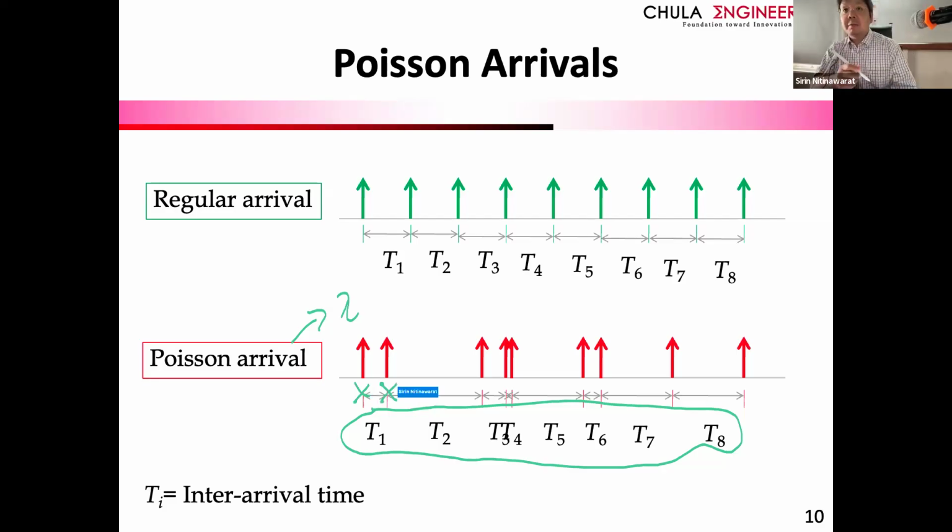This is the first customer, right? I already know the value of T1. Assuming that I know the distribution of T2, should my knowledge of T1 affect the probabilistic knowledge of T2?